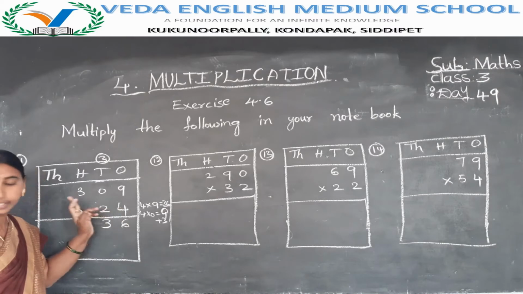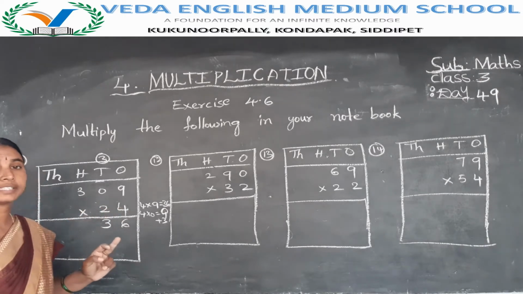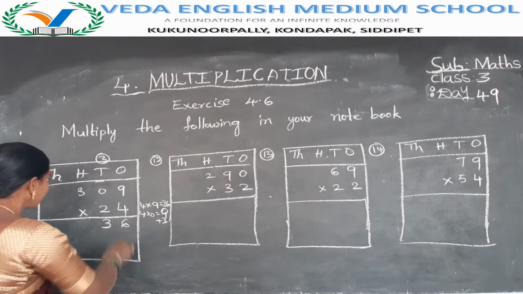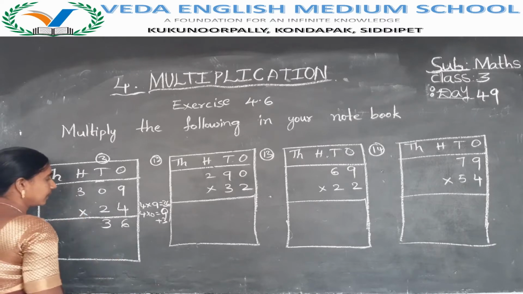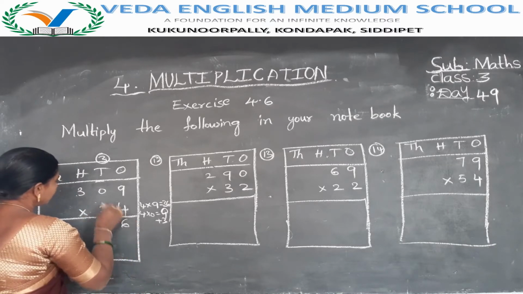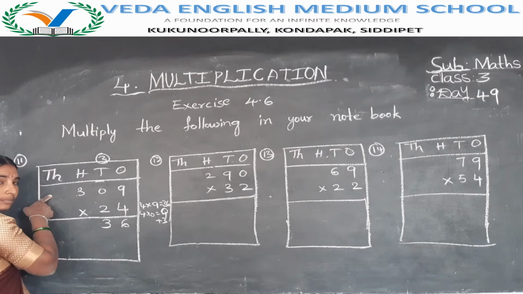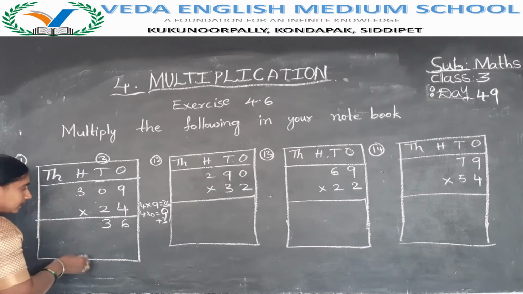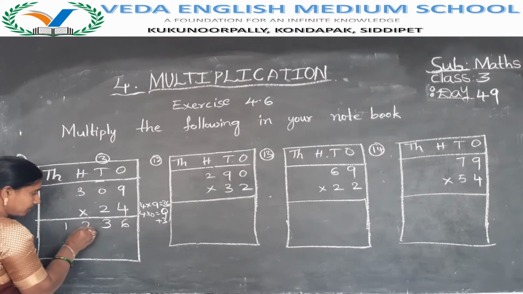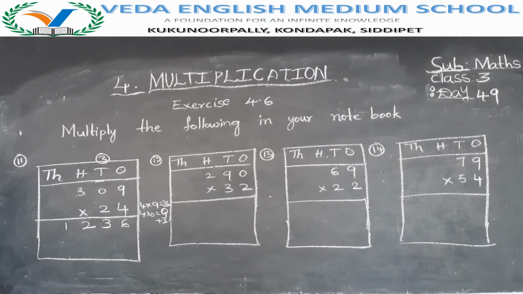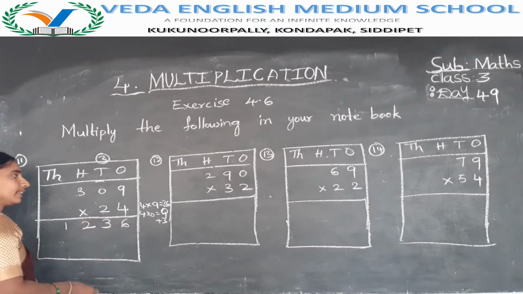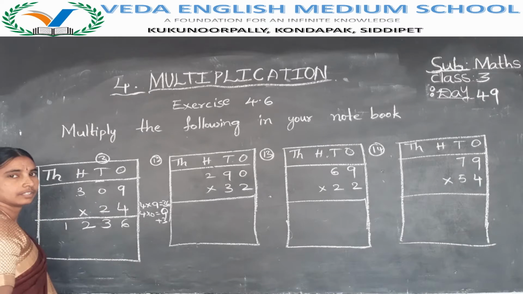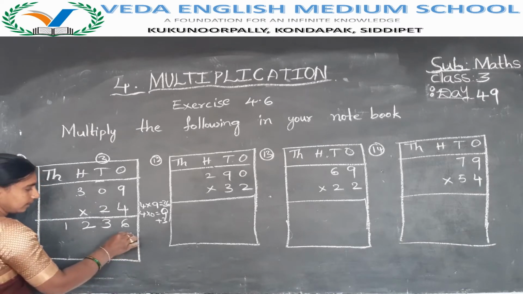That means 4 into 3. 4 threes are 12. So write here 12, as is, because there is no other number here.